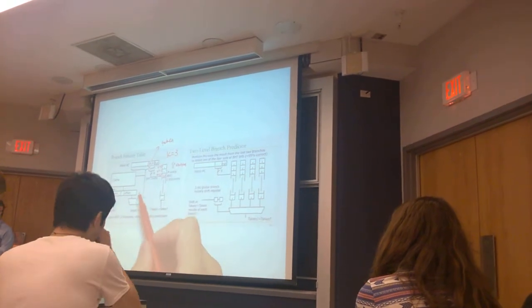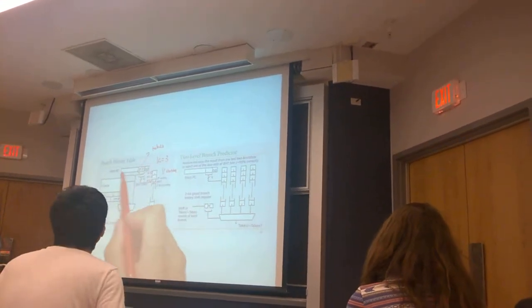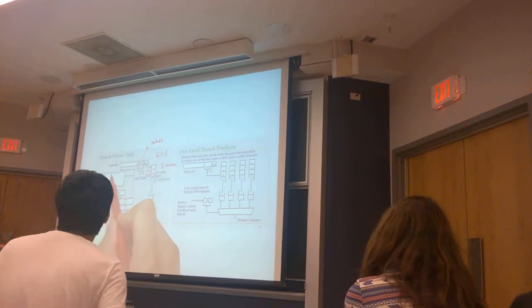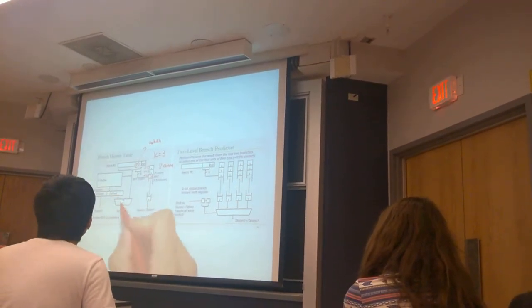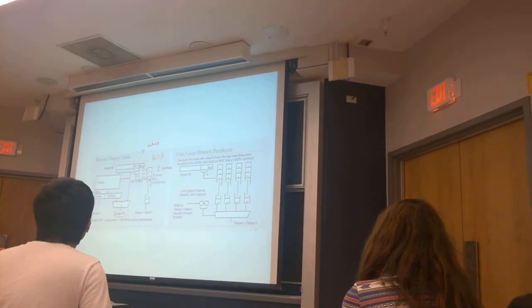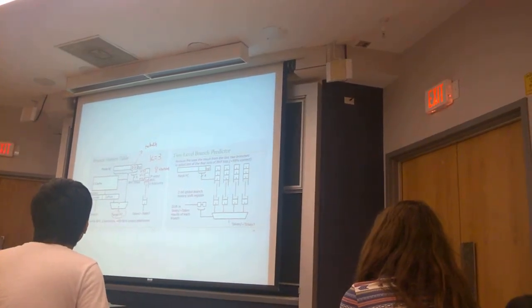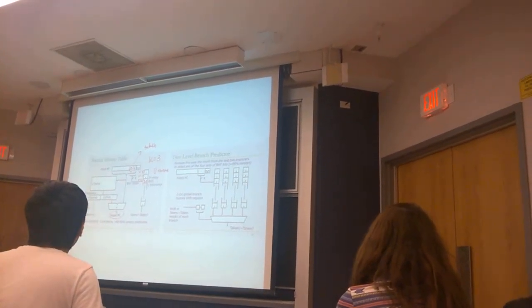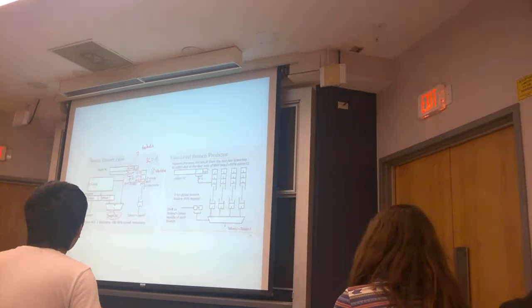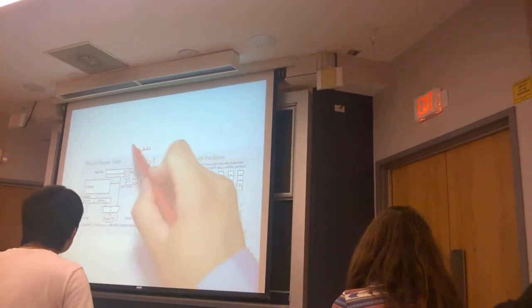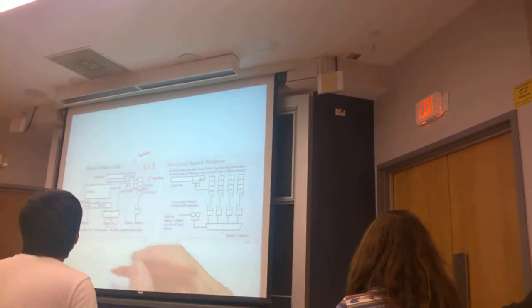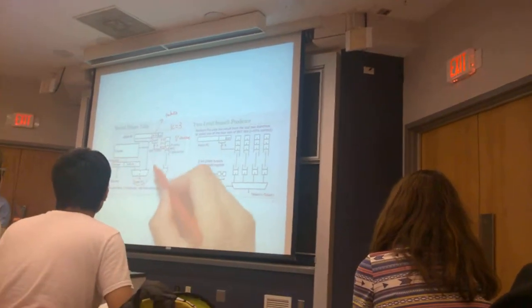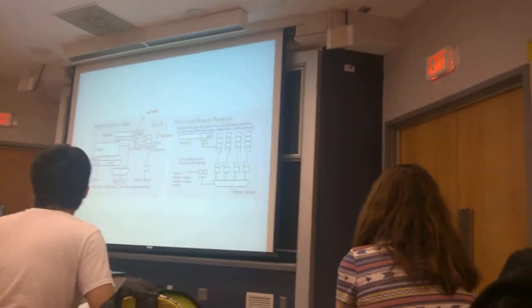As for the target address, we will use the PC value to fetch the instruction, get the offset, and calculate the result. So here is how the branch history table works. The first part can be done after we know the PC value. The second part will be done after we fetch the instruction.